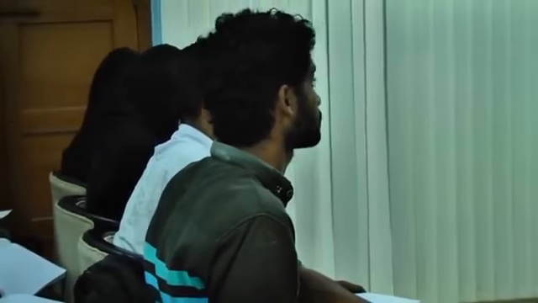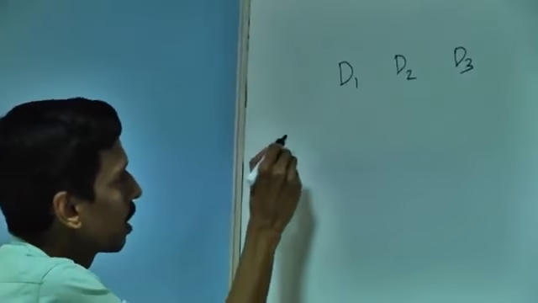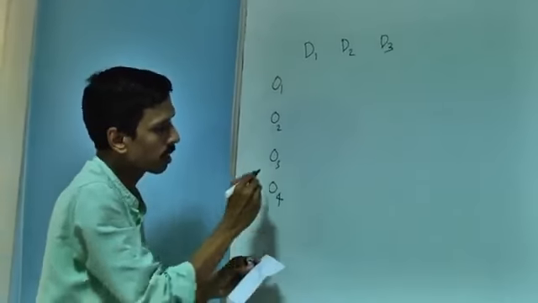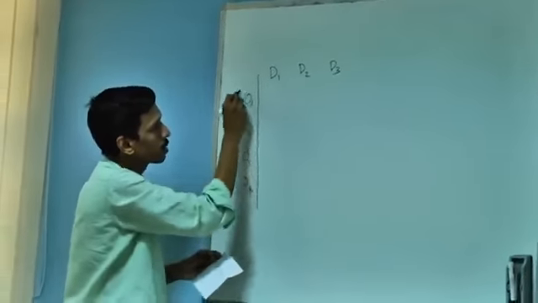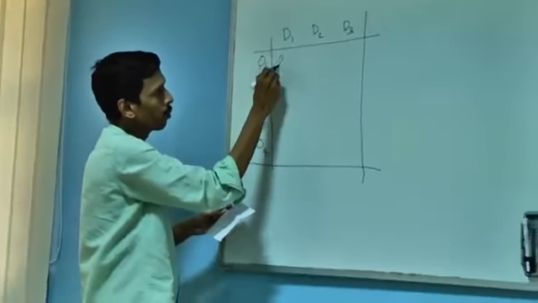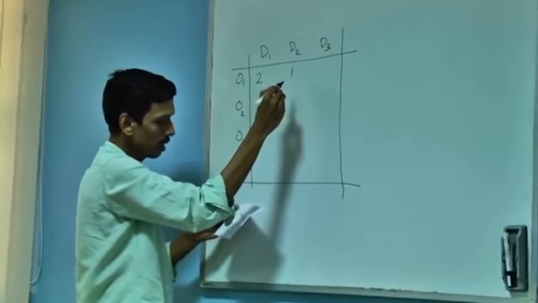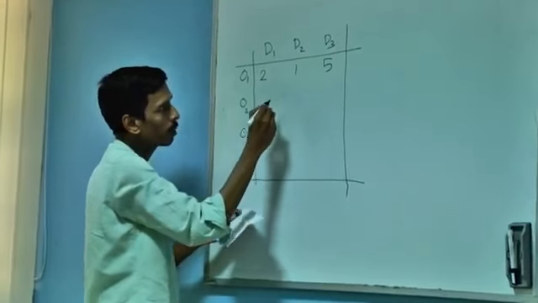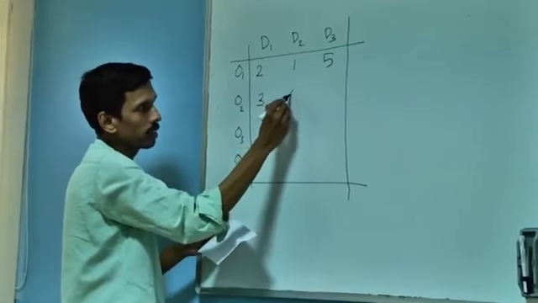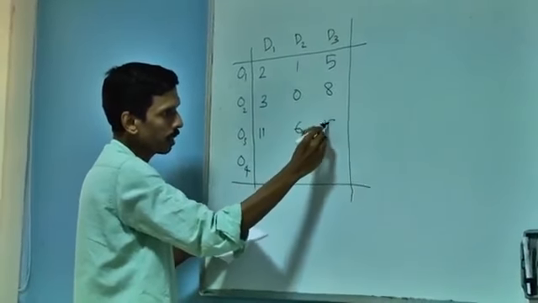Suppose we have D1, D2, D3, three destinations, and O1, O2, O3, O4, four origins, and the matrix which gives 2, which is the cost of transporting 1 unit from O1 to D1. 1 is the cost of transporting 1 unit from O1 to D2, and here it is 5, then 3, 0, 8, 11, 6, and 15.